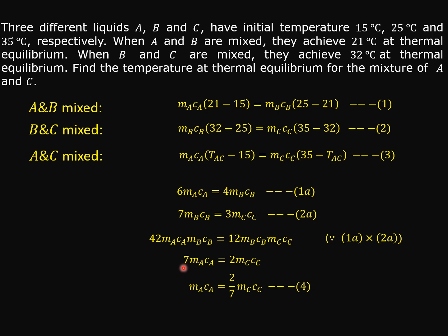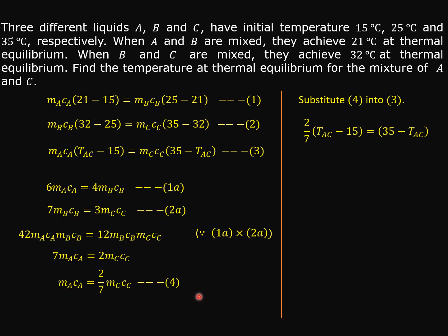If I now make this MACA the subject of the equation, then I will have MACA equal to 2 over 7 MCCC. I label this as equation number 4. Equation number 4 shows the relationship between MACA and MCCC. Now we can use this relationship to find the value of the TAC from equation 3.